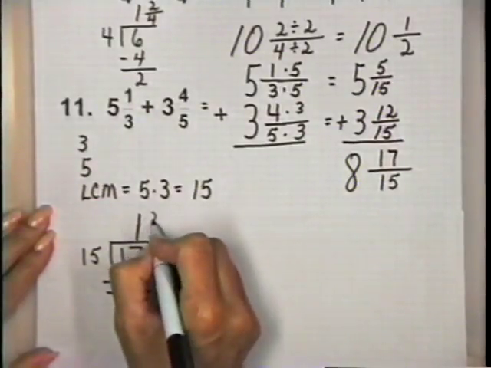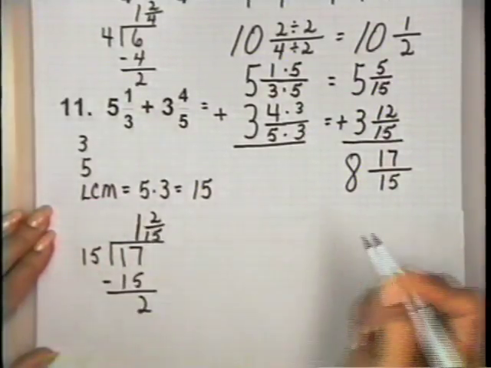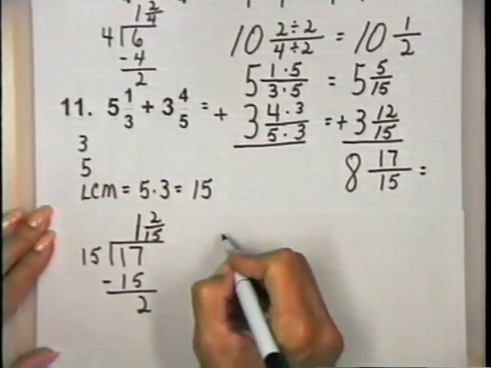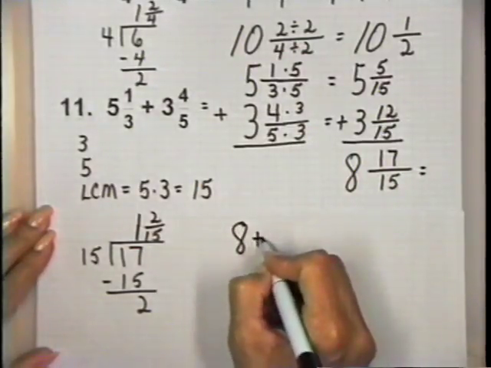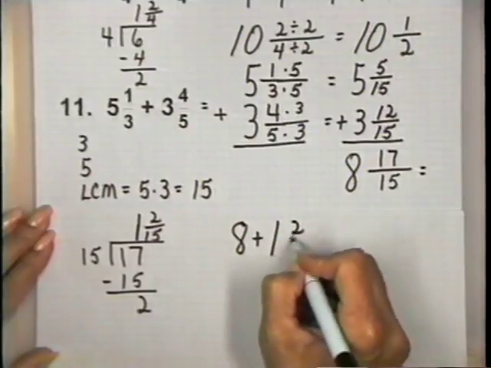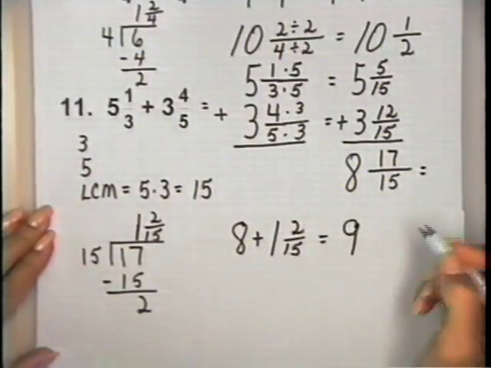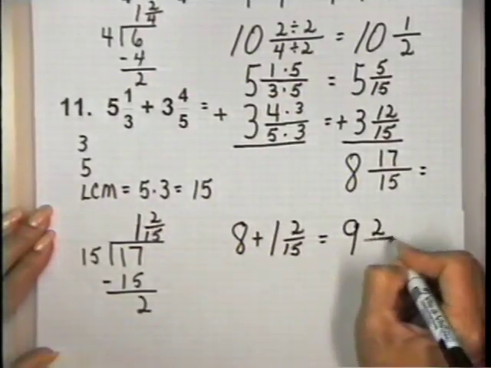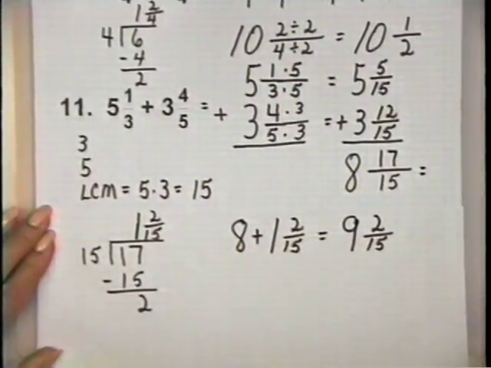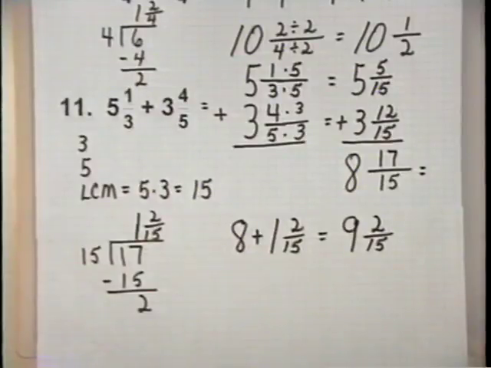So we'll have 1 and 2/15. So we'll have 8 plus 1 and 2/15. 8 plus 1 will give us a whole number of 9, and our fraction is 2/15. 2/15 is reduced. So the answer to number 11 is 9 2/15.